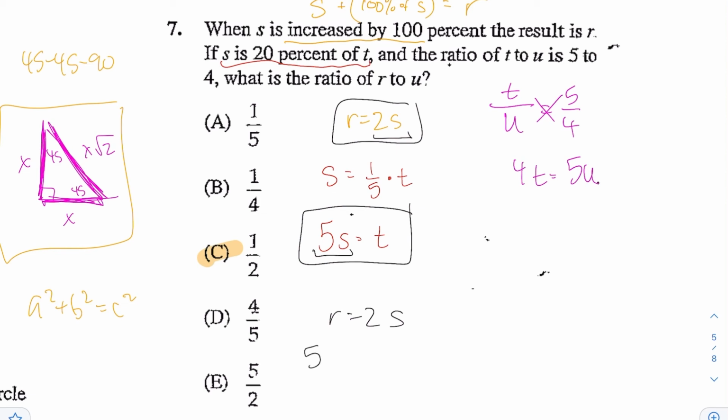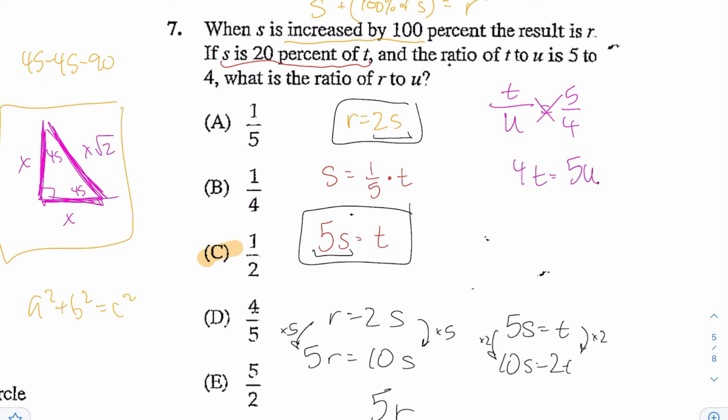So if you multiply both sides by 5, you know that 5R will have to be 10S. And for the second equation, you have 5S is equal to T. If you multiply both sides by 2, you'll get 10S is equal to 2T. So you know that 5R is equal to 10S is equal to 2T.